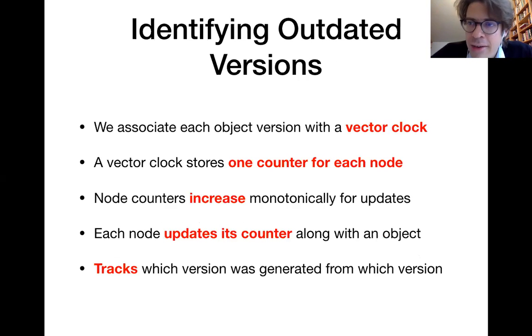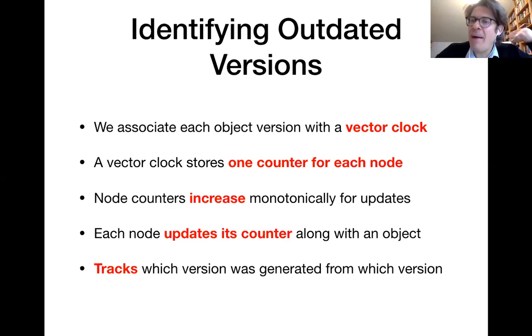Now, the first thing that this system does is it tries to identify versions that are clearly outdated. And in order to identify those versions, it uses something called vector clocks. Now, a vector clock is associated with the version of an object, and it essentially keeps track of one counter for each node in the system. So that keeps track essentially at which point the object version was updated by which node in your system.